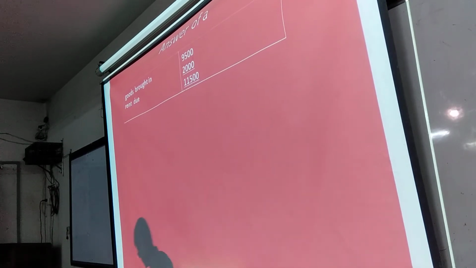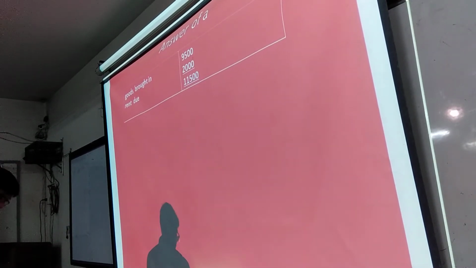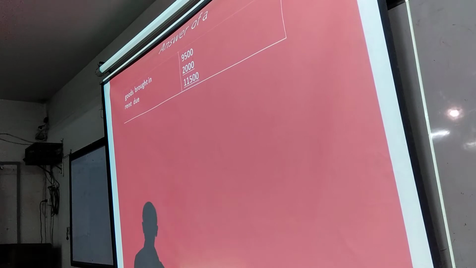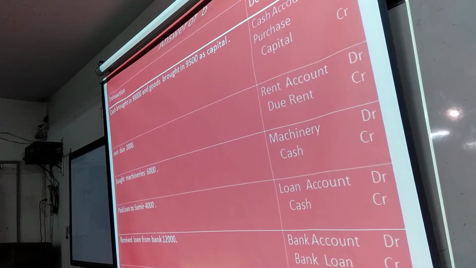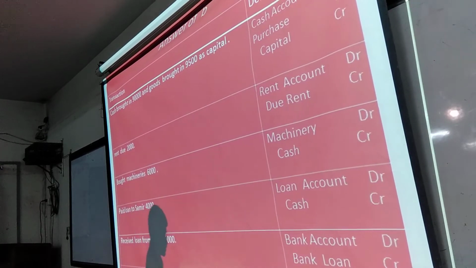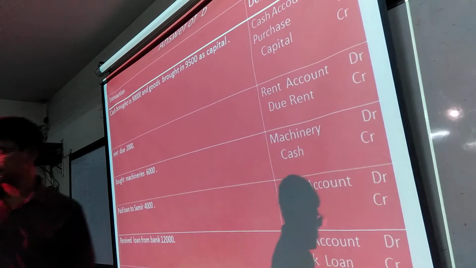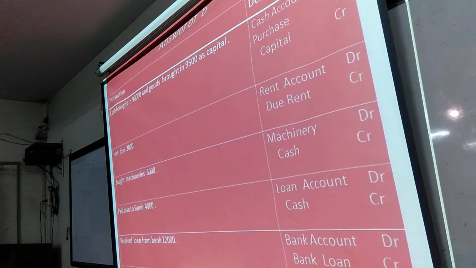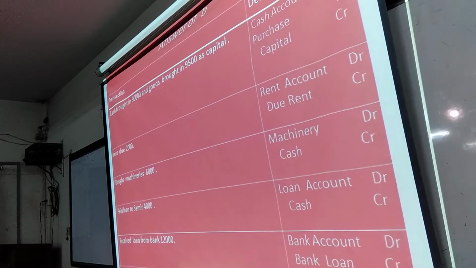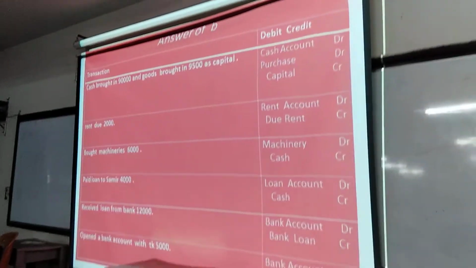Next, if your requirement is ascertainment of debit and credit, then how will you answer? Are you seeing the slide? Seeing the slide of ascertainment of debit and credit, you will write this way.